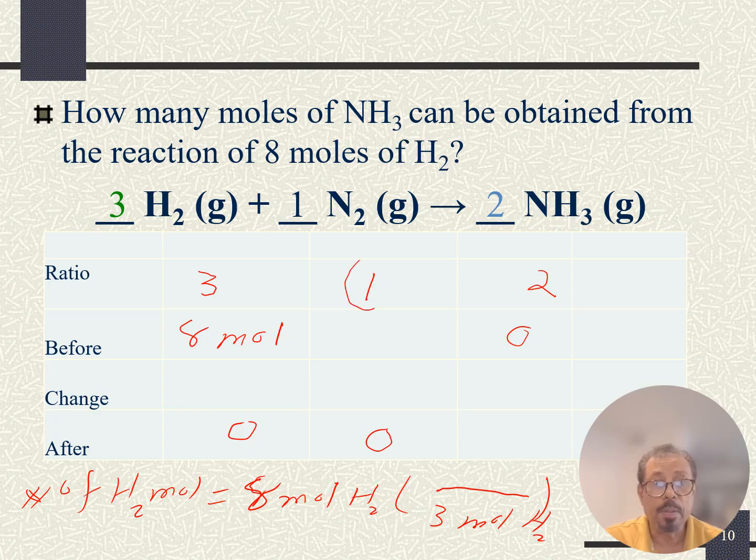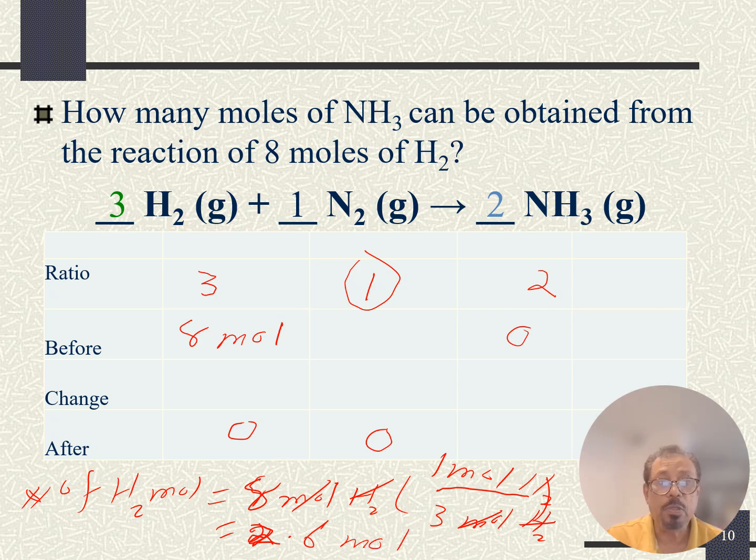Look here, it is 1. Hydrogen mole will be cancelled, so 8 divided by 3 is 2.66. So I'm going to have 2 sig fig, sorry, 2.6 mole. So nitrogen will be 2.6.